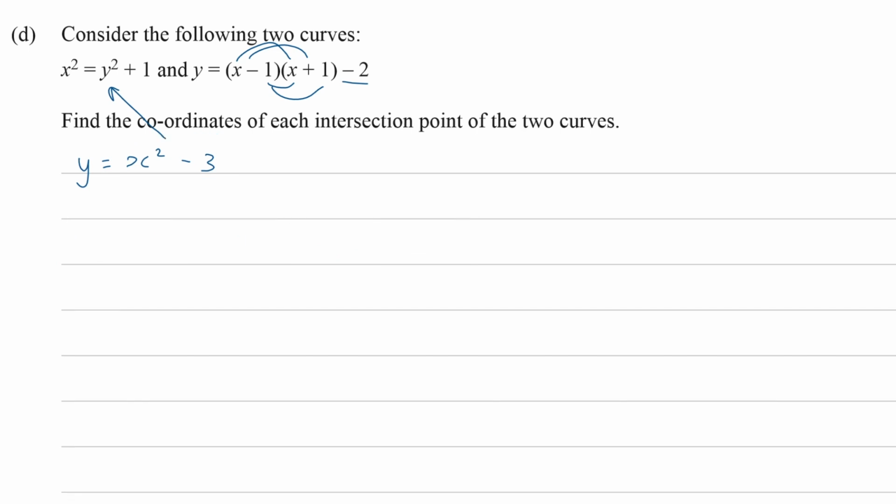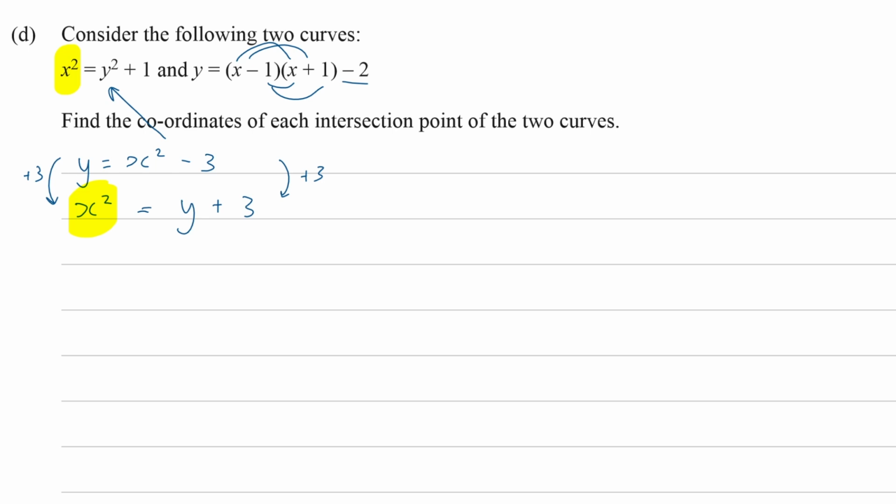So instead, with this quadratic, I will rearrange for x squared as y plus 3. So I just added 3 to both sides. And now we can substitute in x squared into the hyperbola equation.